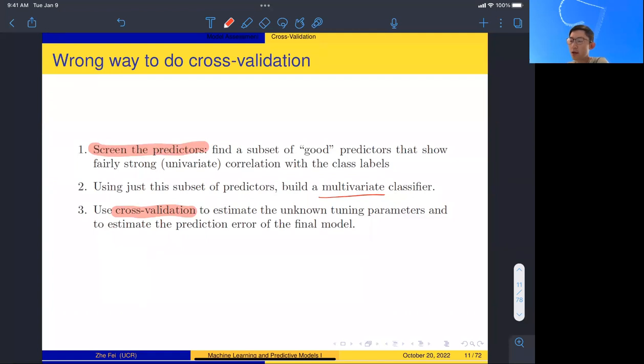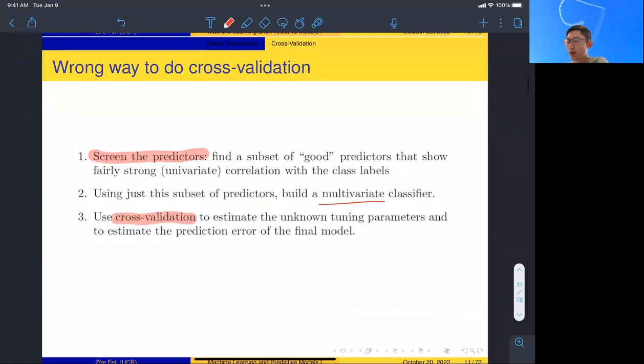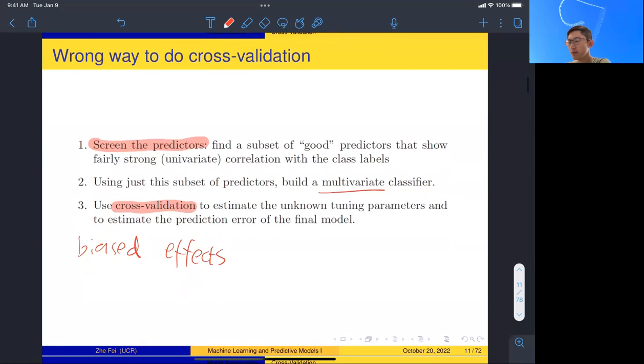You dip into your data twice: you use the same data set first for screening and then for cross-validation. So you use the information twice, and the result is biased. In other words, when you estimate the effects of your predictors, you would get biased effect estimates.